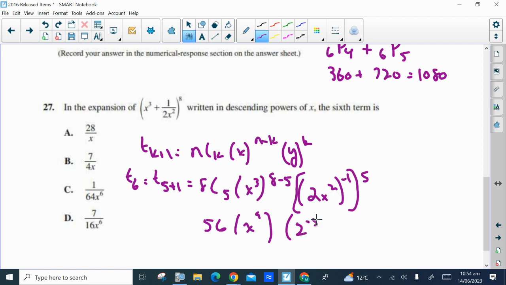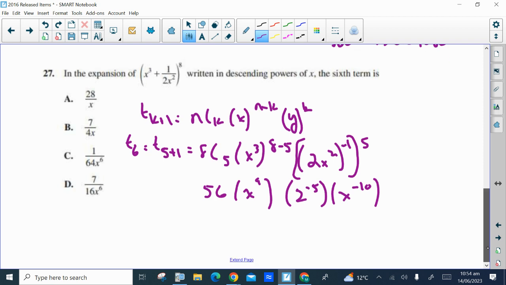So that'll be 2 to the negative 5. And then x to the 2 times negative 1 is negative 2 times 5 is negative 10. 2 to the negative 5th is 32, but it'll be 1 over 32 because you've got to make the exponent positive first.